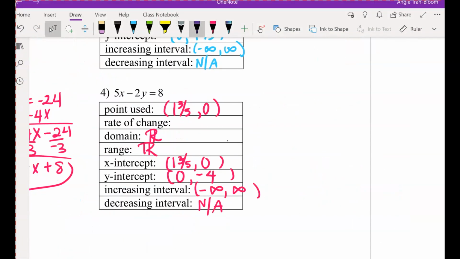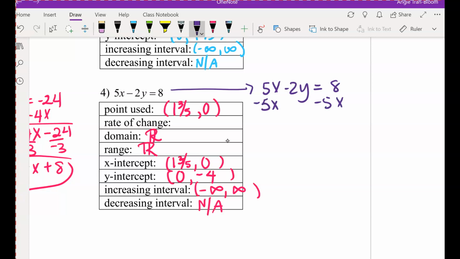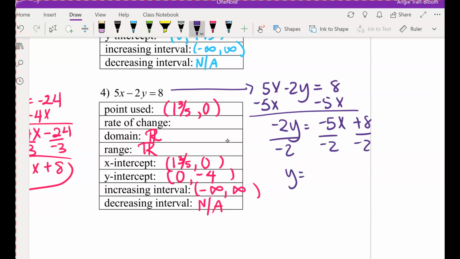I'll do it on my paper and see where we meet up. Did you guys have the same slope? 5 or 2?